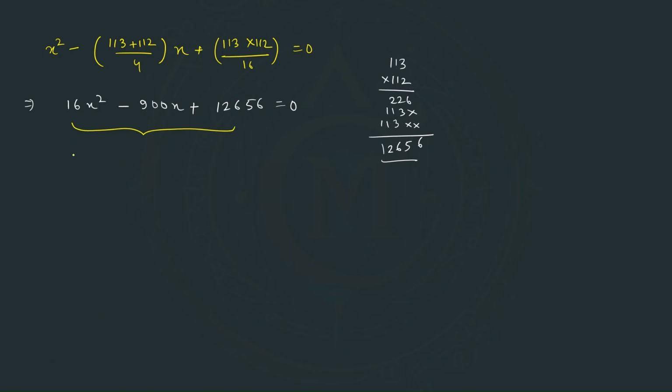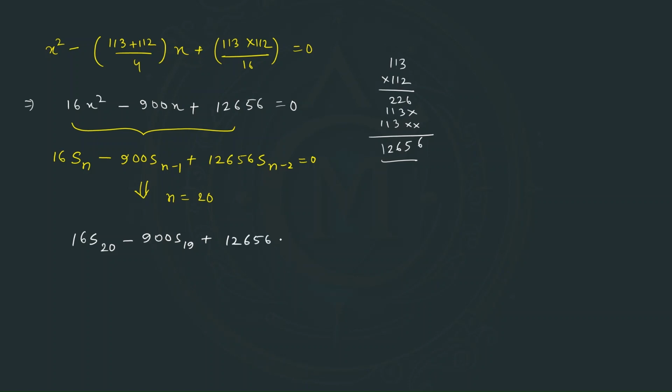From here, we can say that 16 Sn minus 900 Sn minus 1 plus 12,656 Sn minus 2 equals 0. If we put n equal to 20, we get 16 S20 minus 900 S19 plus 12,656 S18 equal to 0.